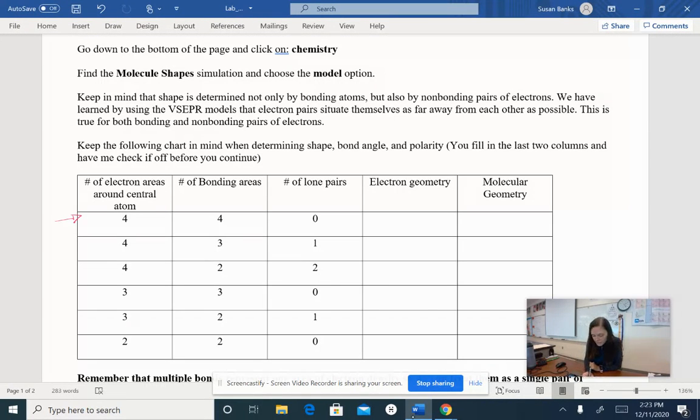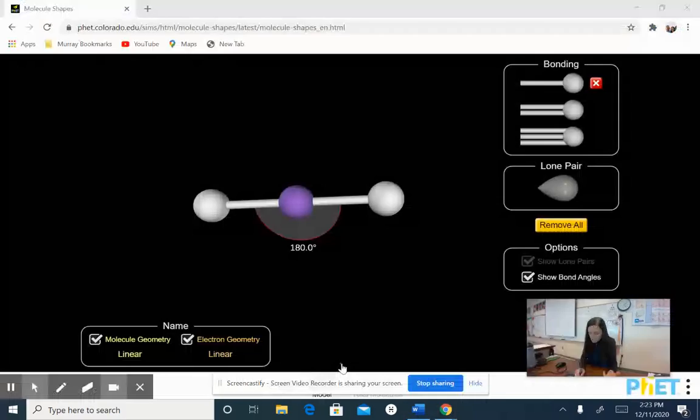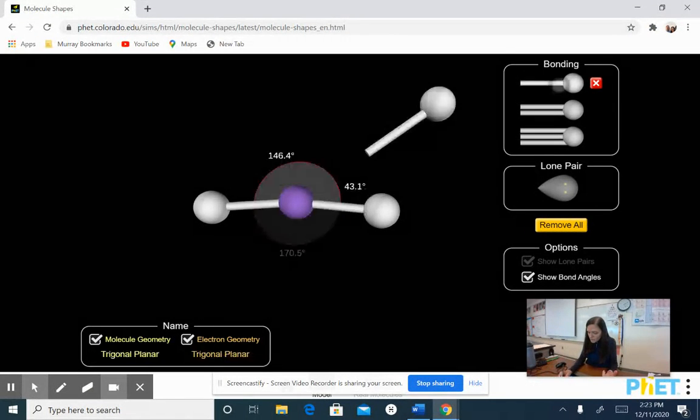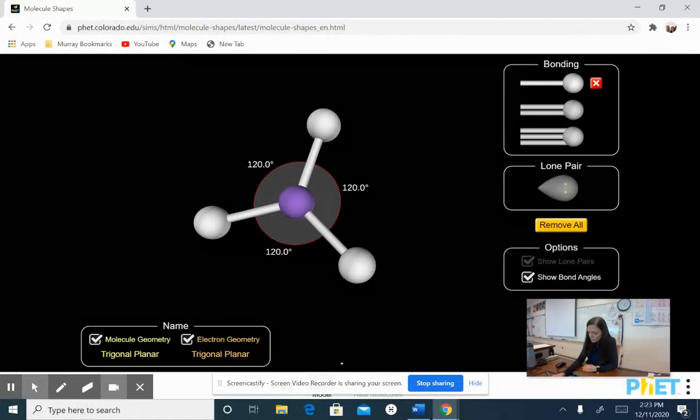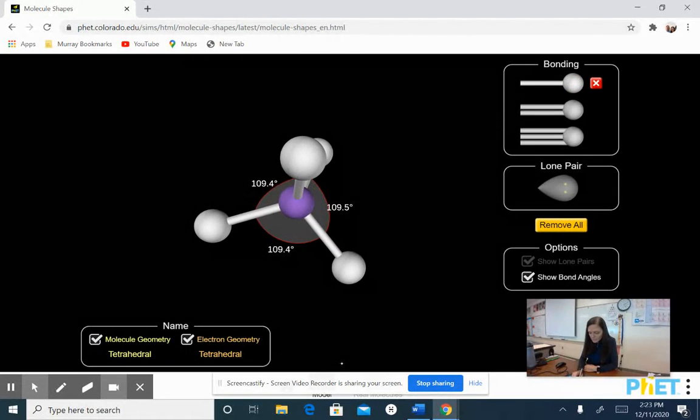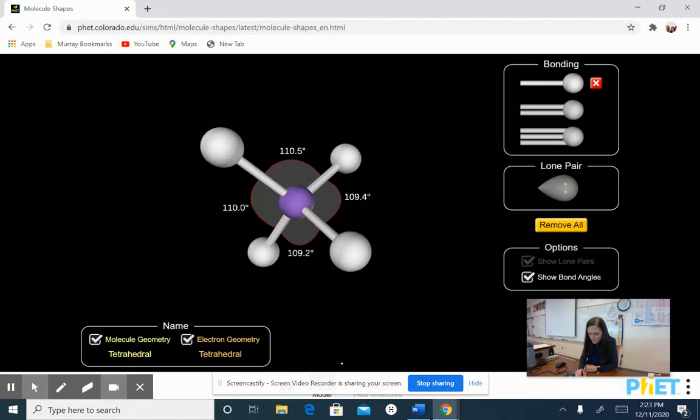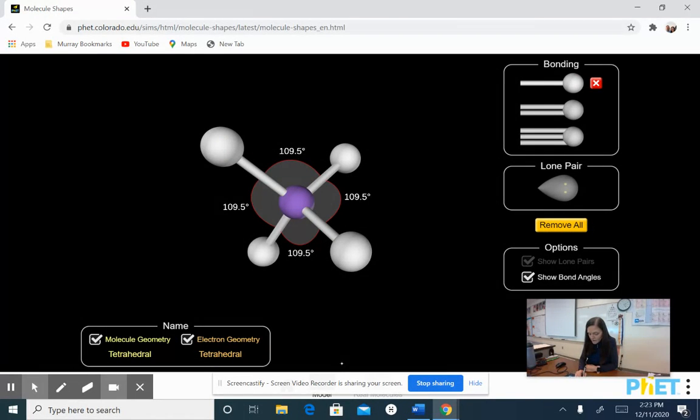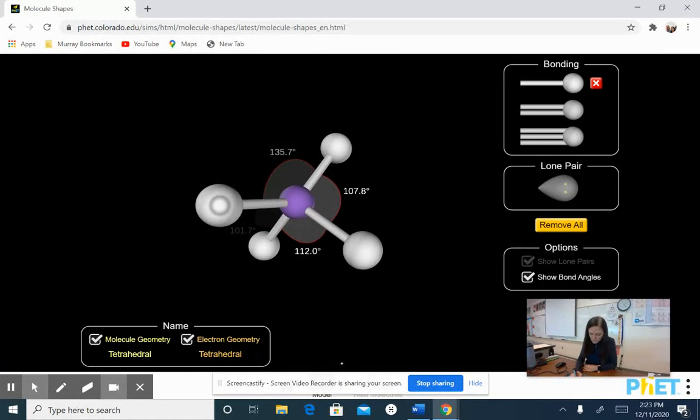So here we have number of electron areas around the center atom and how many of those areas are bonding. So I'm going to put in 4 single bonds on my PhET so that you can see what that does. So I want to put another bond. Notice I'm just clicking on the single bond here. If I look at this, notice everything is 109.5 degrees apart from each other.